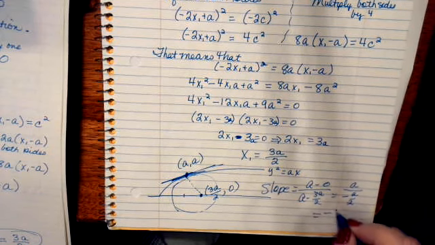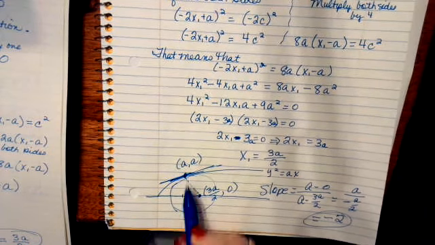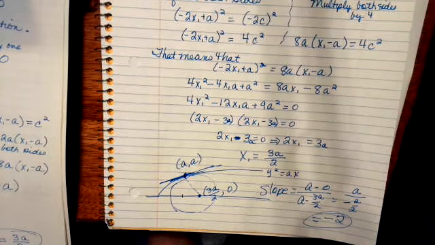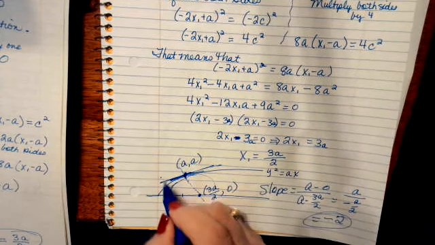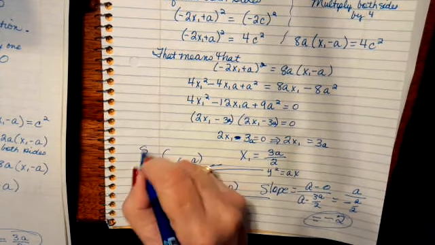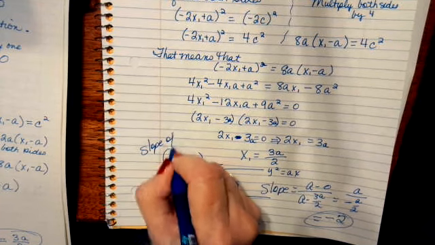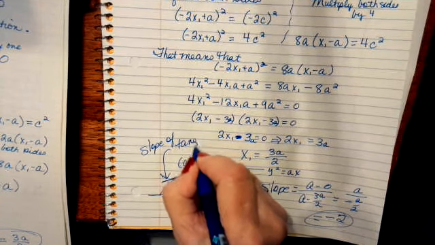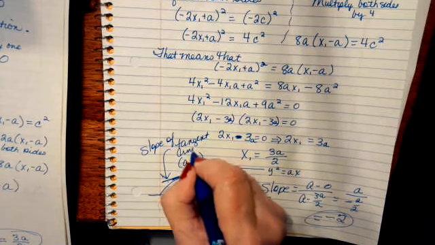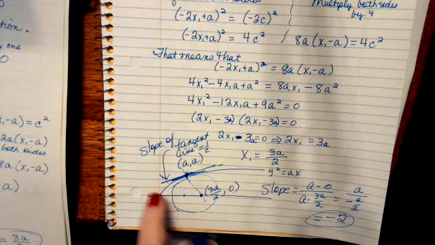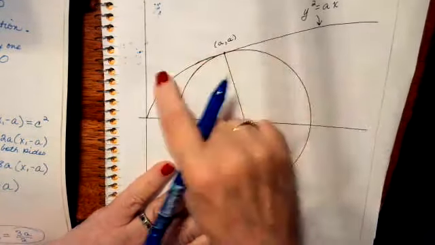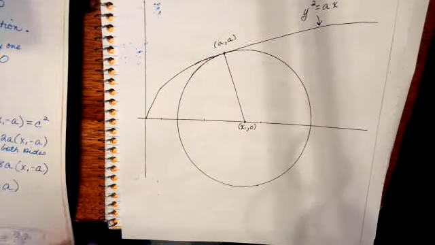Sure enough, that simplifies to negative 2. So the slope of this line is negative 2, which means the slope of the tangent line is 1/2. And doesn't that look like it would be about right? If you were to draw in the tangent line right there, it's 1/2.